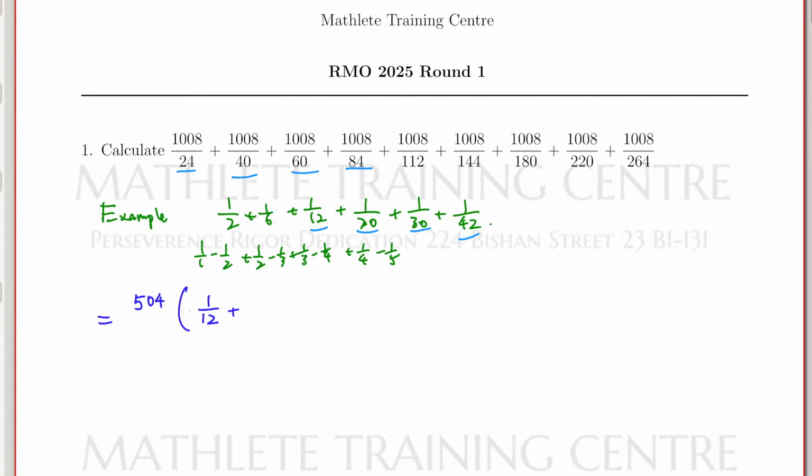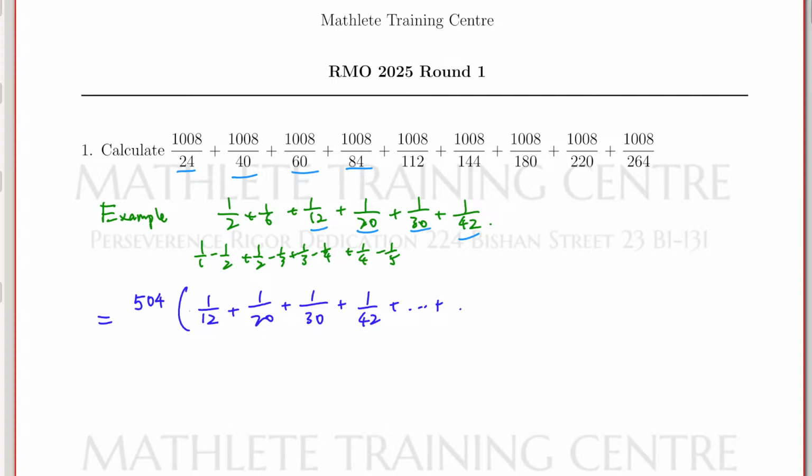The next one will be 2 over 40, that's 1 over 20. And then I have 2 over 60, that equals 1 over 30. And then I have the next one, 1 over 42 and so on. Then you can see that the numbers here look like what I have for our example.